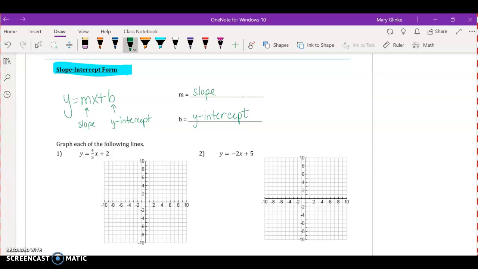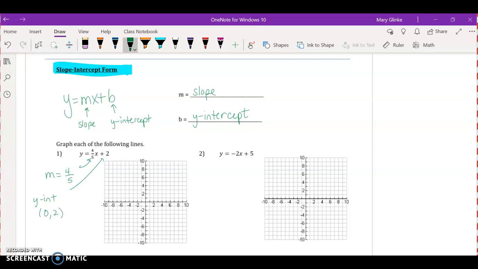So looking at number 1 here, slope-intercept form helps us graph because if we can look at this and say my slope is 4/5, the symbol for slope is going to be m. So in this case, m equals 4/5, and my y-intercept is going to be at 0, 2.